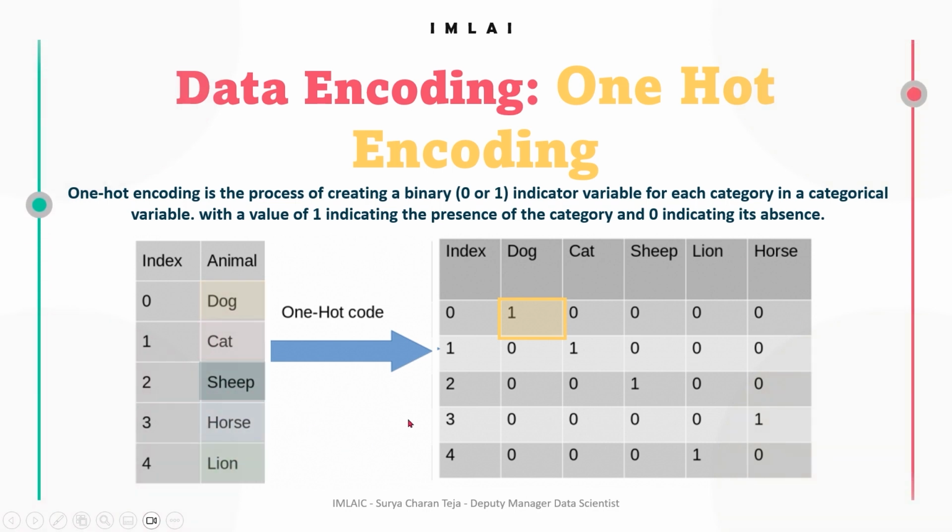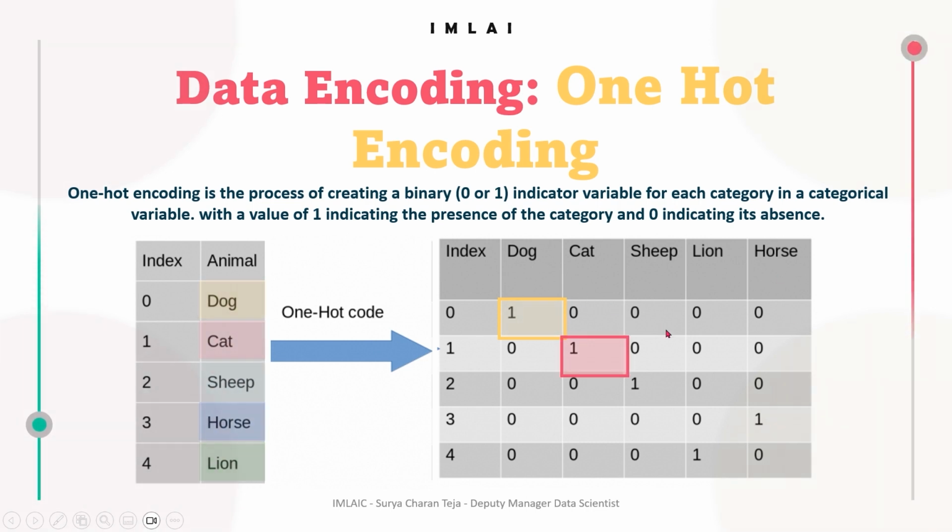So in total you have 5 dummy variables. In a specific row, if dog exists, the presence of dog will take the value 1 and all the rest will take 0.